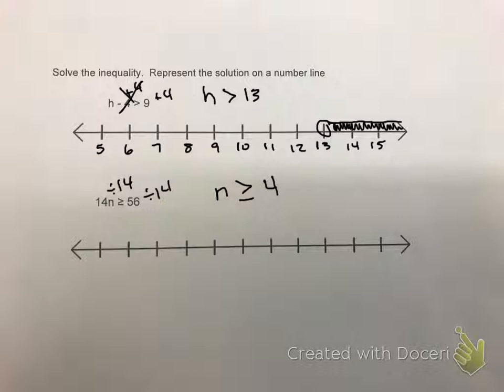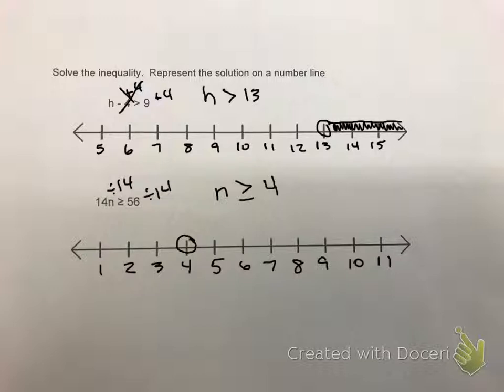So we get 4. Again, we have to label our number line. Everything is similar to the previous problem. So we're going to put a dot at 4.